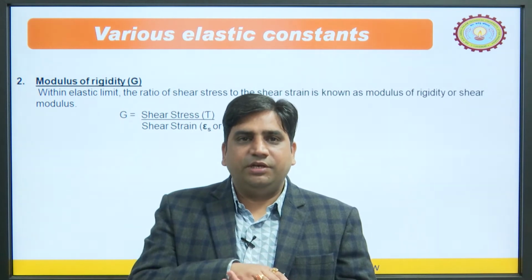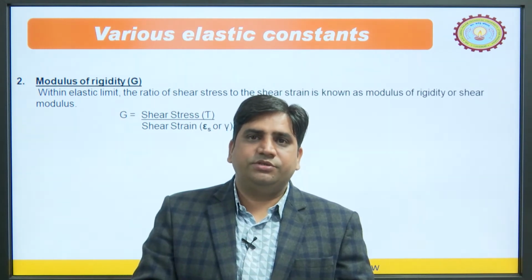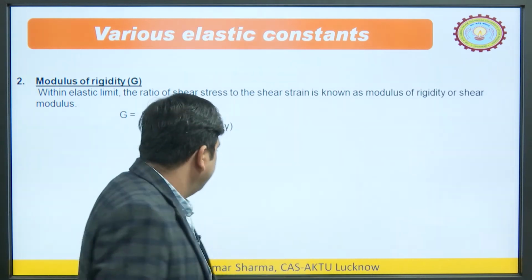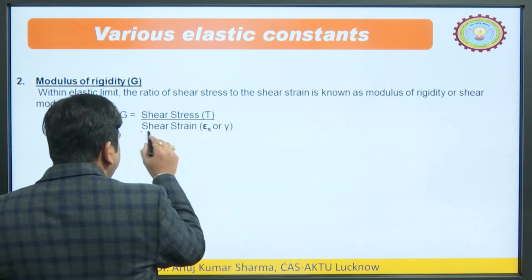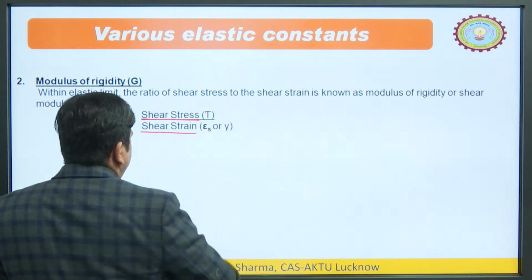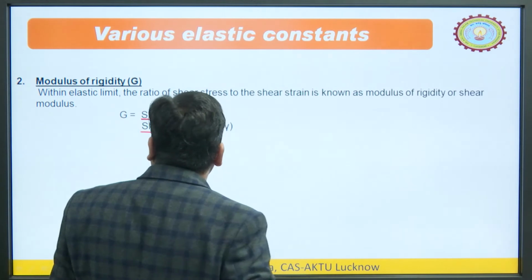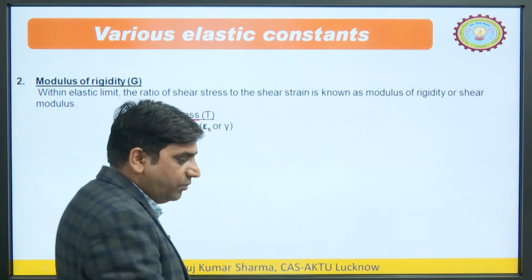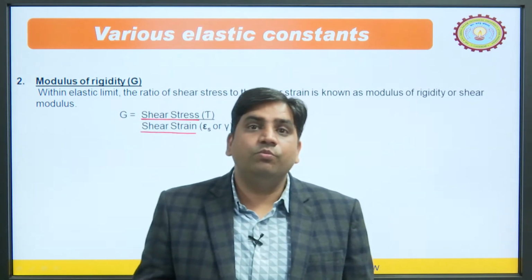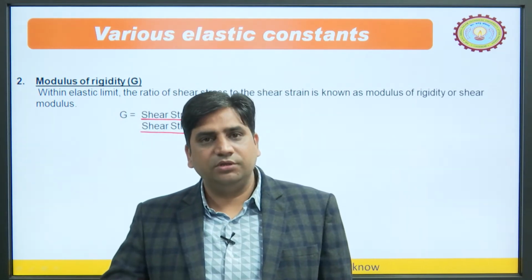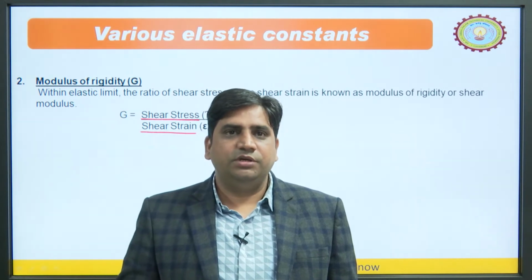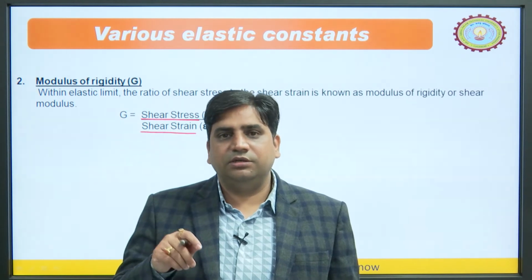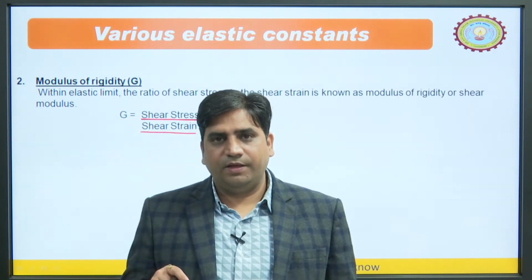So, within elastic limit, the ratio of shear stress to the shear strain is known as modulus of rigidity. If we have low shear strain and high shear stress, then the body will have a high shear modulus, and a body with a high shear modulus will be more rigid as compared to another body. So modulus of rigidity controls how rigid the body is.